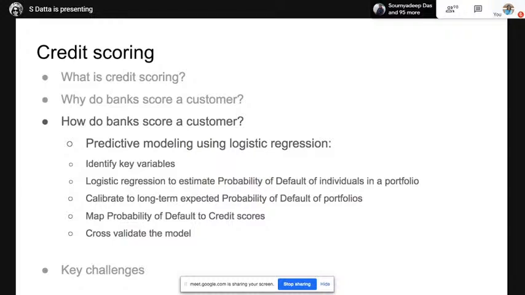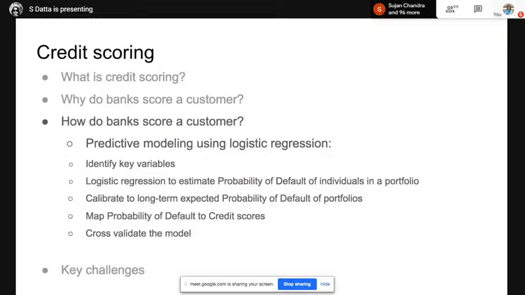What you do is you identify key variables that tell you about the customer's behaviors, and then you can use logistic regression when you find the variables that are most material for the whole portfolio, and then, as I mentioned earlier, we have the probability you score.